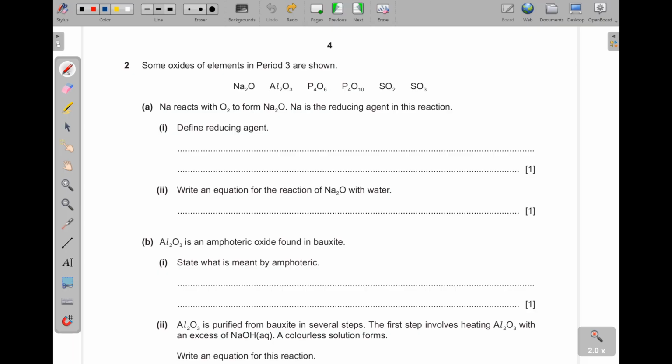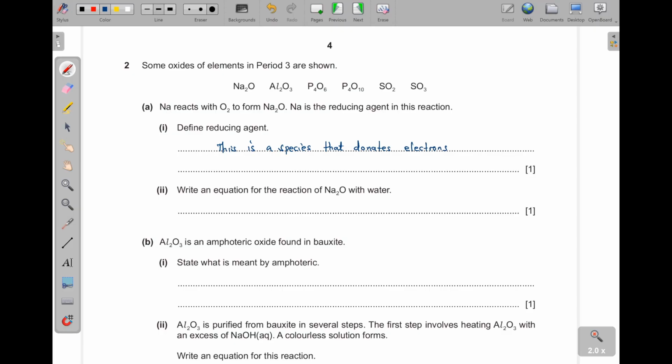So if I give you what reduces you, then I'm the reducing agent. So it is a species that donates electrons.